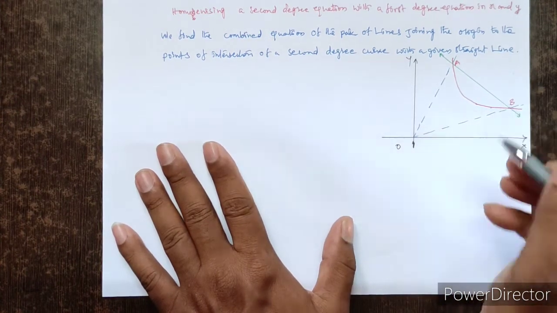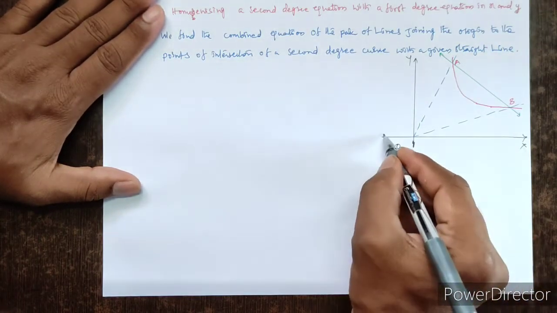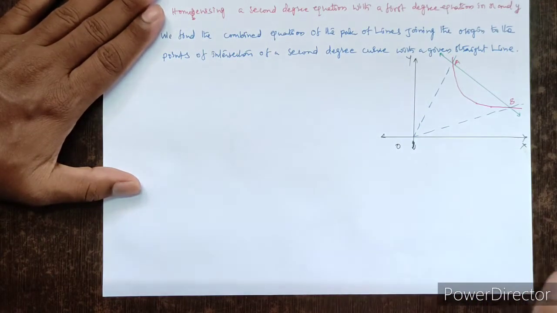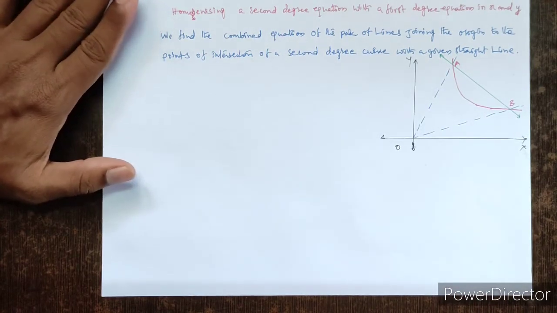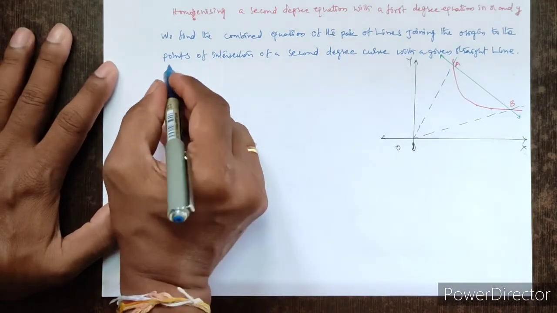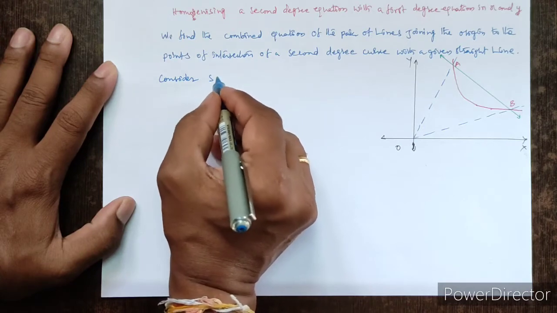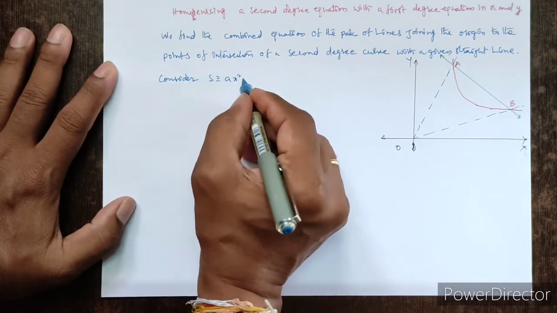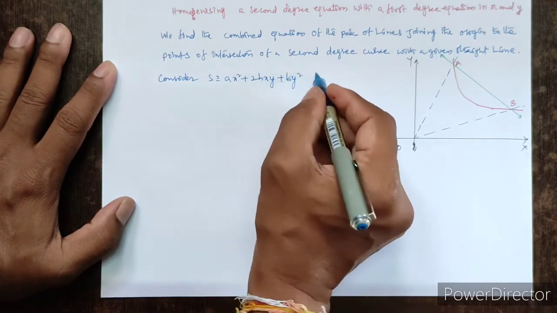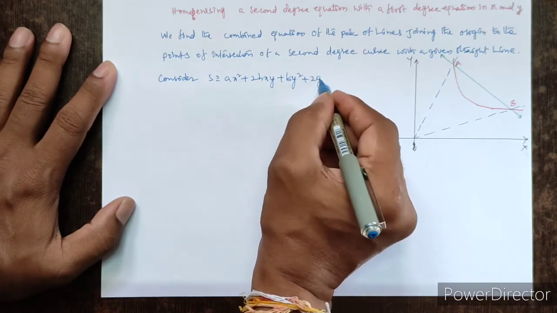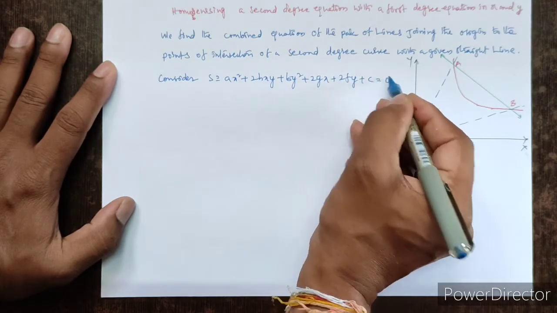Okay, look here. Consider S equal to ax square plus 2hxy plus by square plus 2gx plus 2fy plus c equal to 0.